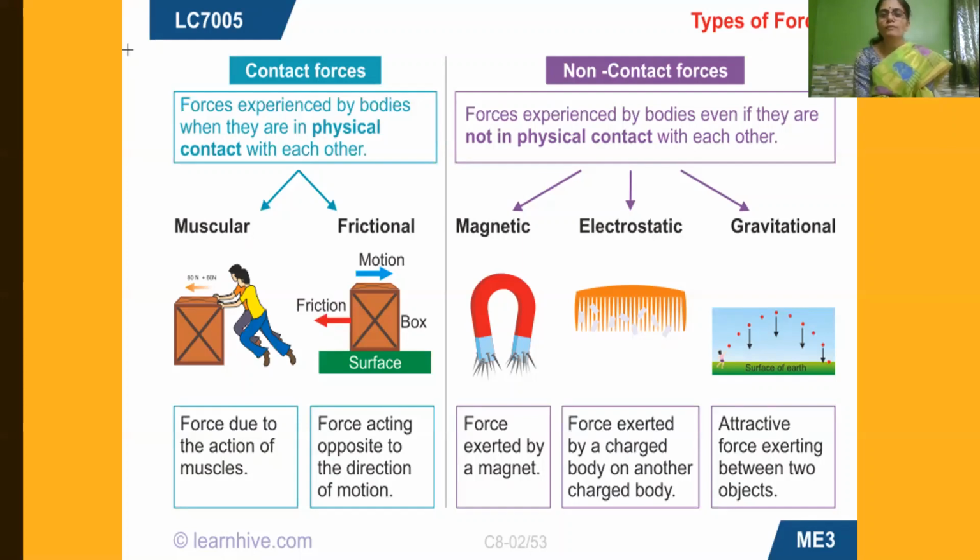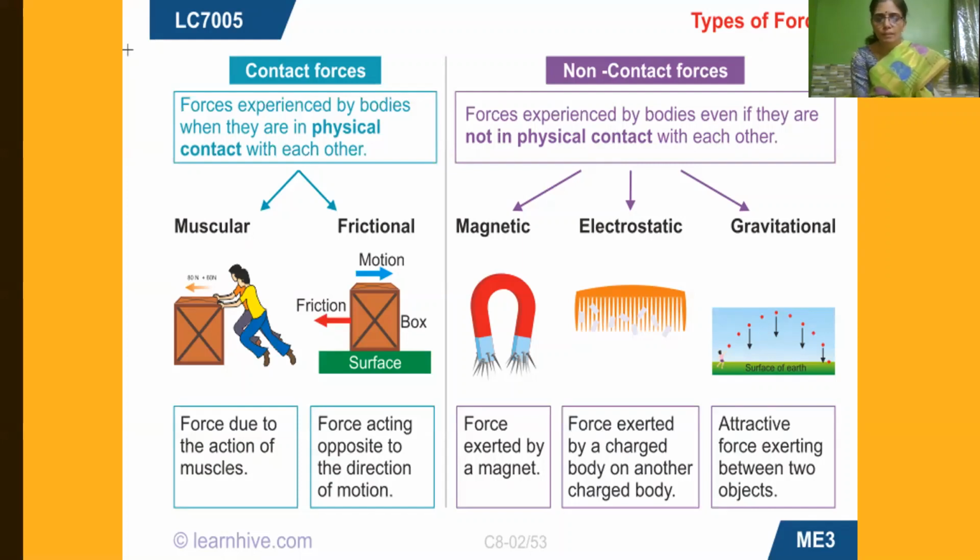So children, here you should know about the types of forces: two types, contact forces and non-contact forces. Muscular force and frictional force are contact forces. Here we have studied three types of non-contact forces, namely magnetic force, electrostatic force, and gravitational force.